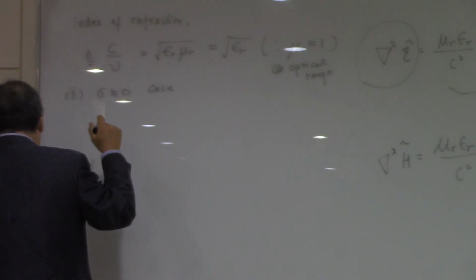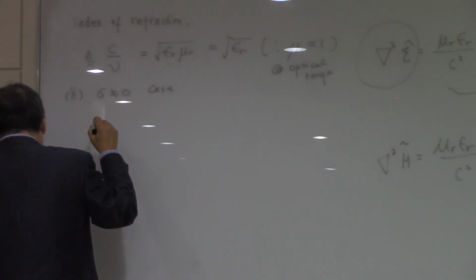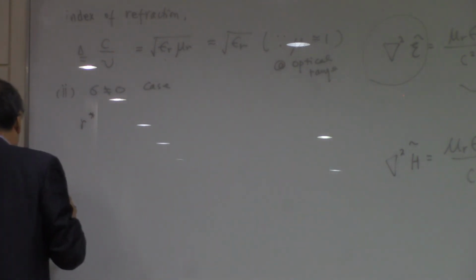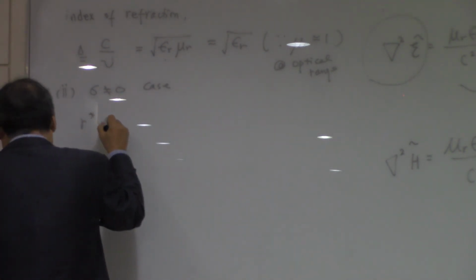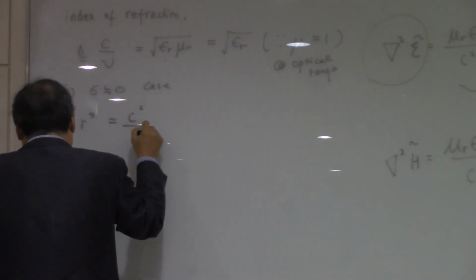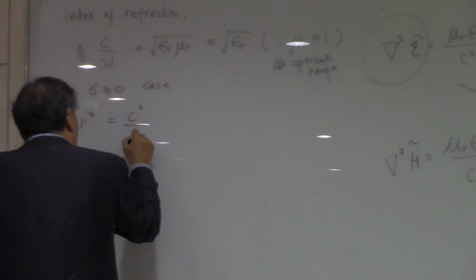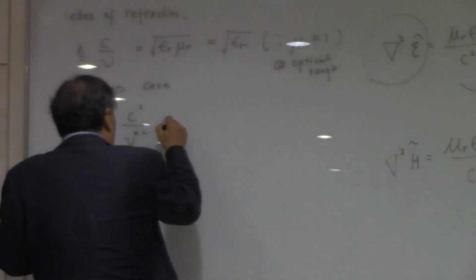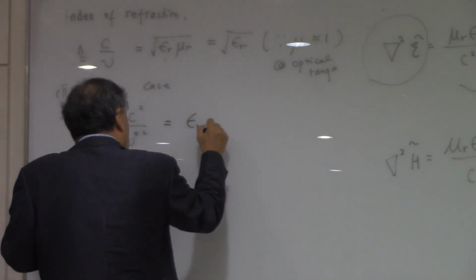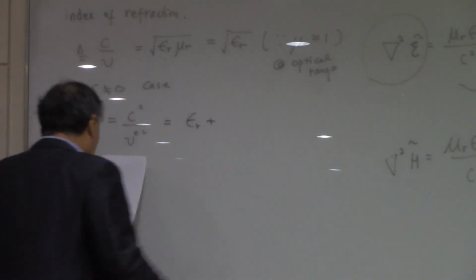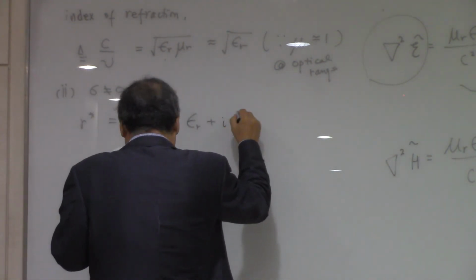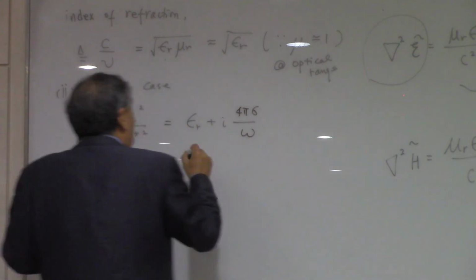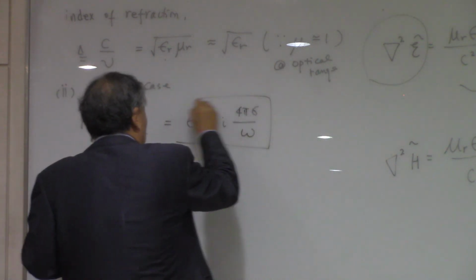And we're going to define n star as a complex number, c over v star, complex velocities, and then that is going to be the real number, and it should consist of these two things, right?